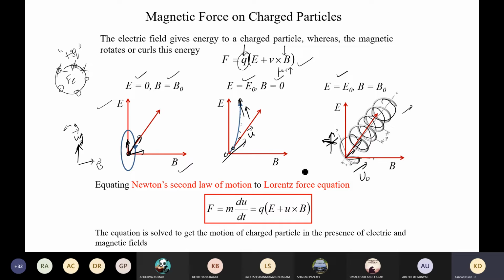And so we can directly connect this force with ma, where m is the mass of the charged body, and du by dt is nothing but the acceleration. So both are once again changing. And here comes the very important thing: on this side there is no time, only space is available, and on this side you have it with respect to time.